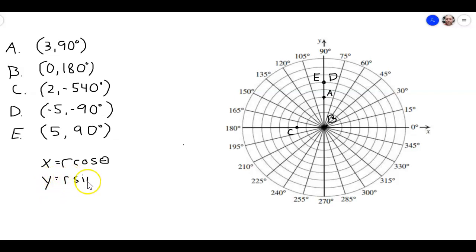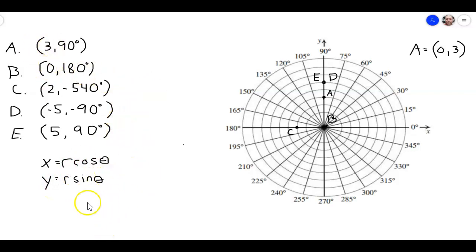These are the formulas that we're going to have. And if I look at A right here, if I was going to put this on a rectangular coordinate system, isn't that just going to be 0, 3? So I should be expecting that A is going to be equal to 0, 3 in the rectangular coordinate system. So I should be getting a 0 for x and a 3 for y. So let's see if that happens.